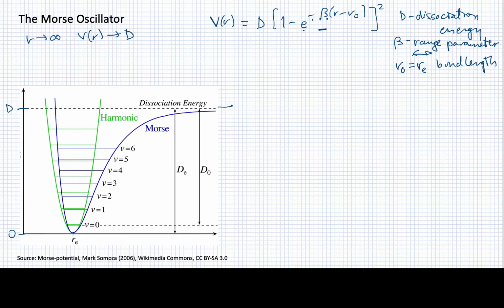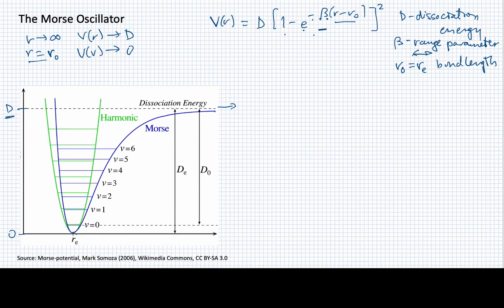As r goes to infinity, the blue curve is going to the value of D. What about as r equals r0? The curve says this should be 0. Well, up here, with r equals r0, I'd have e to the 0, which is 1, and 1 minus 1 would be 0. So V of r does go to 0 in this limit.